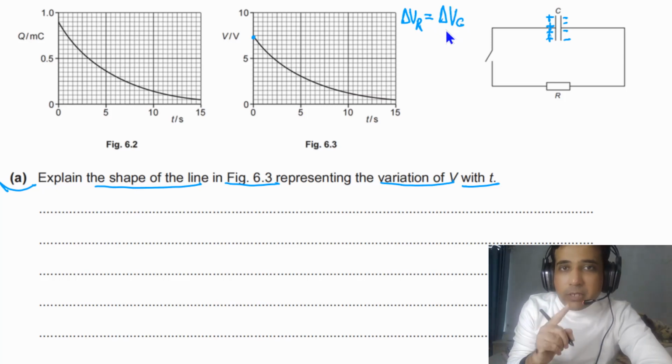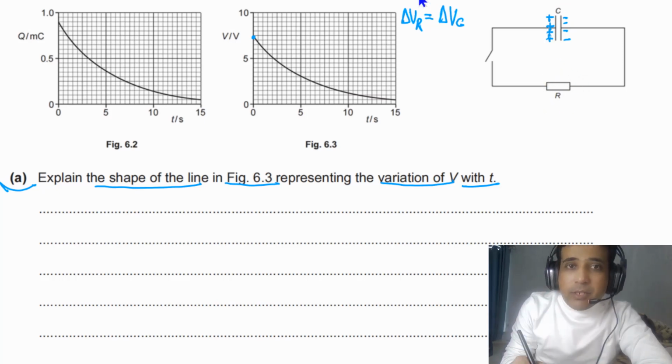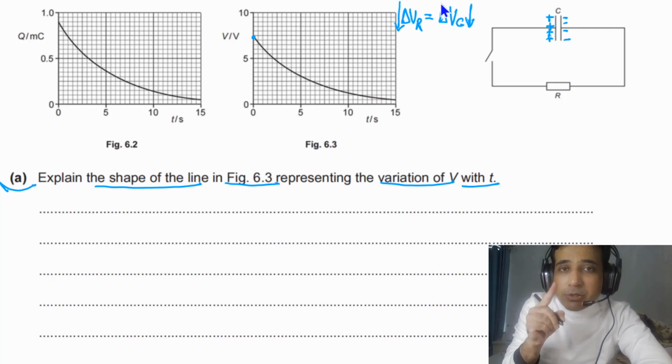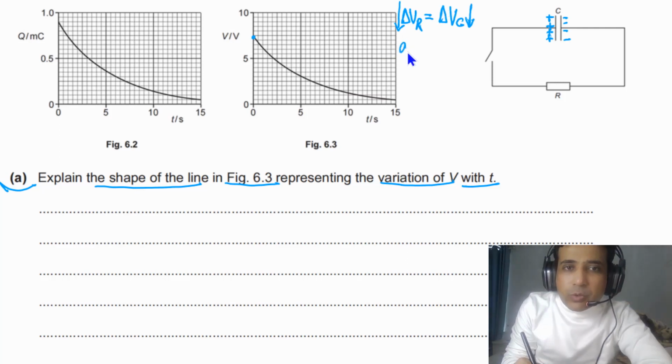This is a very important point you need to understand: because they are connected in parallel, the potential difference across the capacitor will be equal to the potential difference across the resistor at any given instant. So when the potential difference across the capacitor decreases after closing the switch, the potential difference across the resistor also decreases.